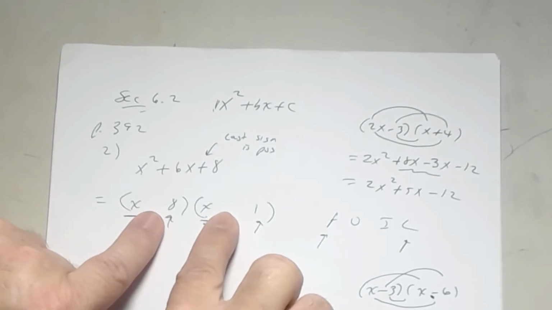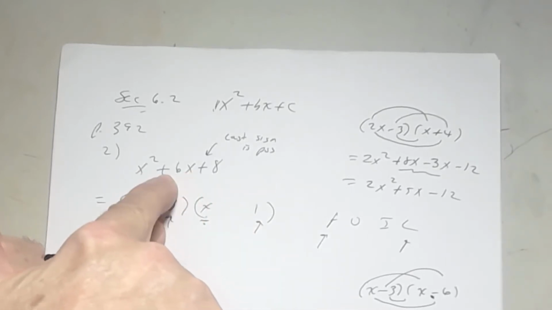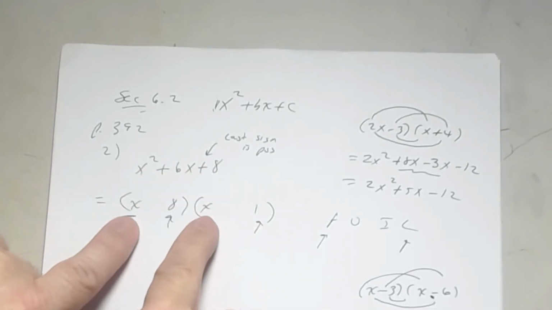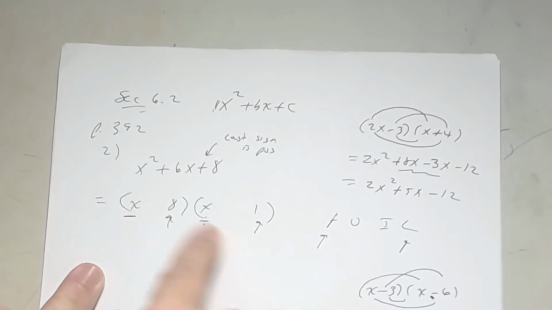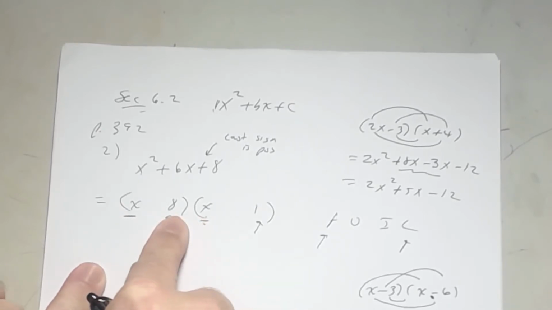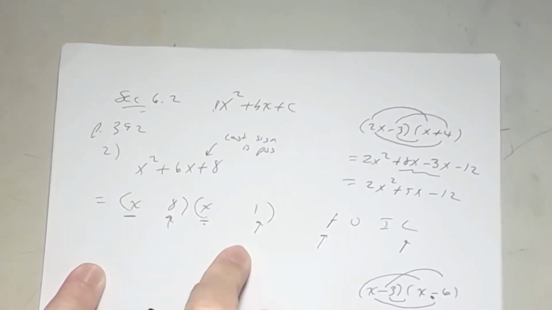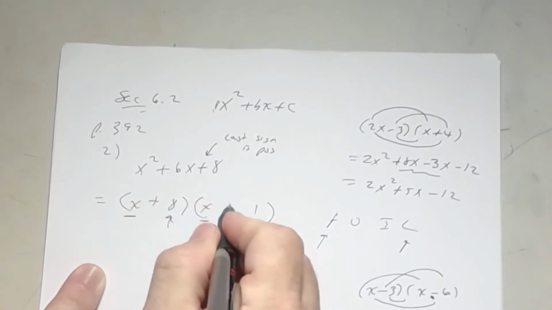Are they both negative or are they both positive? What do you think? You use that middle sign. They have to be both positive because I need a positive 6x. If they were both negative, the outer is negative, the inner is negative. A negative plus a negative is a negative. A positive plus a positive is still a positive. So they both have to be positives.